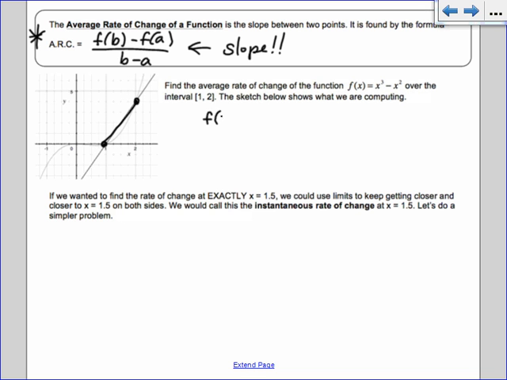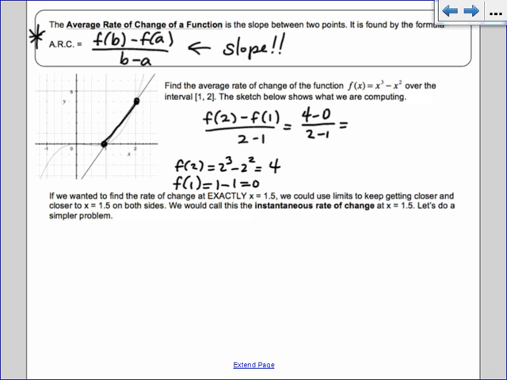So if I find f of 2 minus f of 1 all over 2 minus 1, f of 2 is 2 cubed minus 2 squared. So 8 minus 4 is 4. And f of 1 is 1 minus 1, which is 0. So I'm going to have 4 minus 0 all over 2 minus 1. So I end up getting 4.